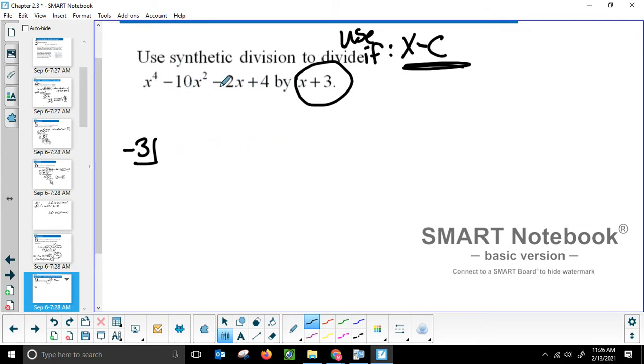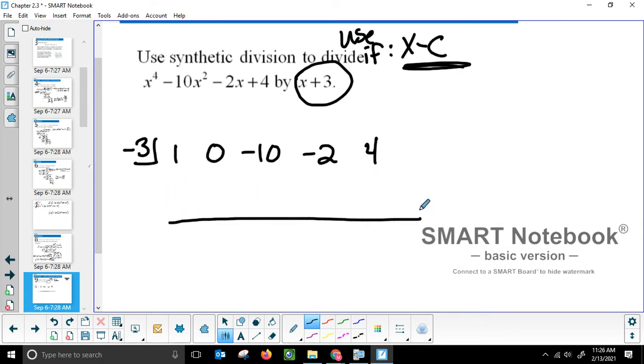If there is a missing term, like a missing cubic term where we go from fourth to second, you have to put a 0 in. So my leading coefficient here is 1, I'm missing a cubic term so I put 0, then I have -10, then -2, then 4. I leave some space and I draw a line.